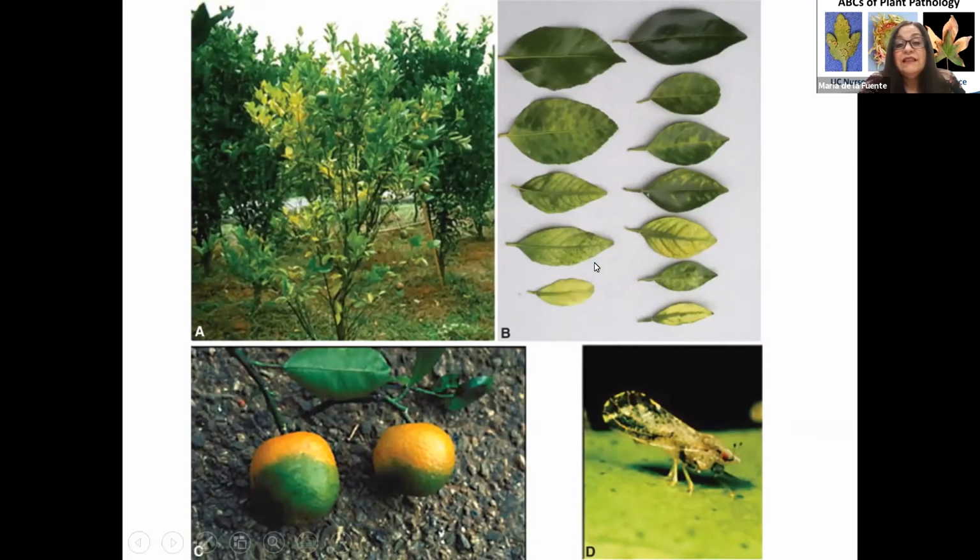As I was telling you, these are all the different symptomatic things that, if you take leaves separately, you can easily confuse with, for example, this one, which looks typically like either a magnesium or an iron deficiency.